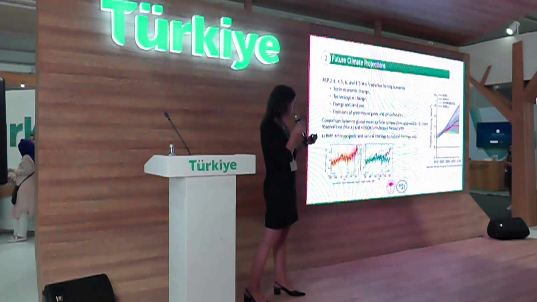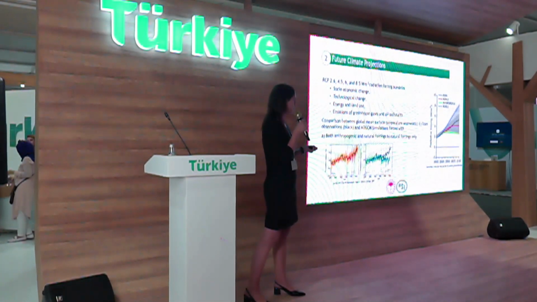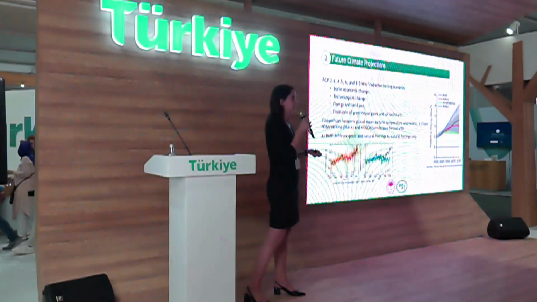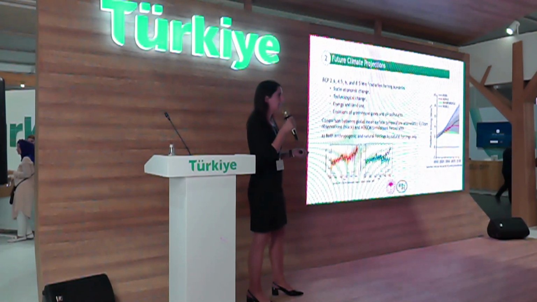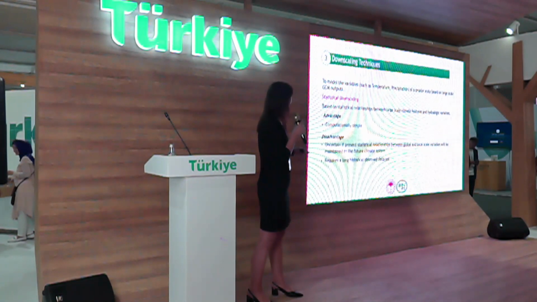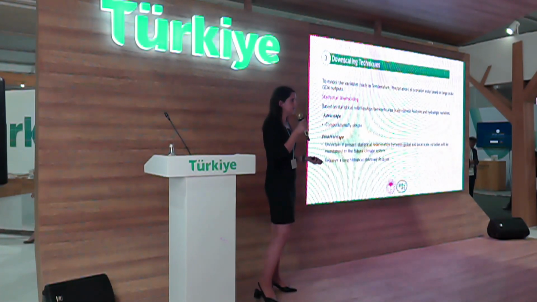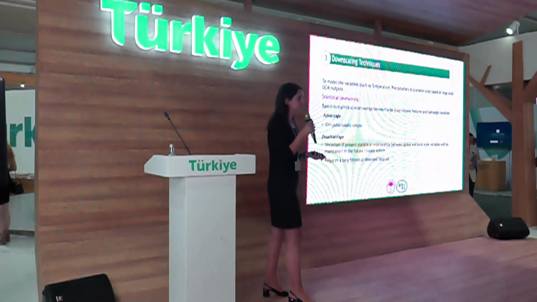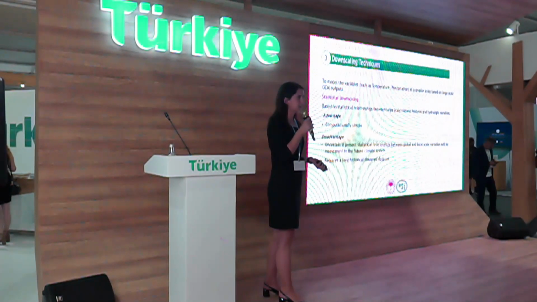The right one with the blue lines shows that if we just use the GCM models, we cannot really show good results of the temperature. Therefore, we have to use RCP scenarios as well, and that's what we did for this project. These models have a very coarse resolution, therefore they don't represent well for fine resolution scale studies.